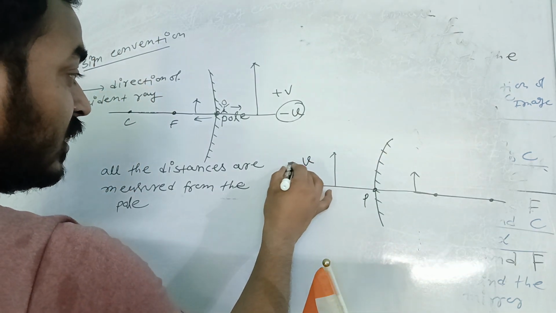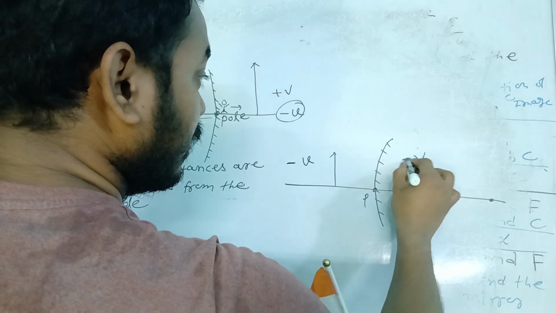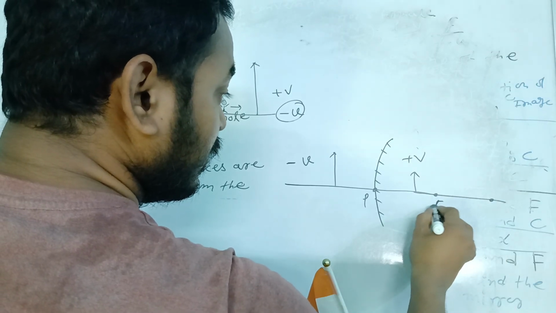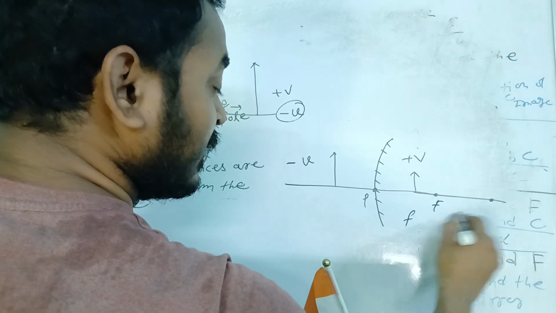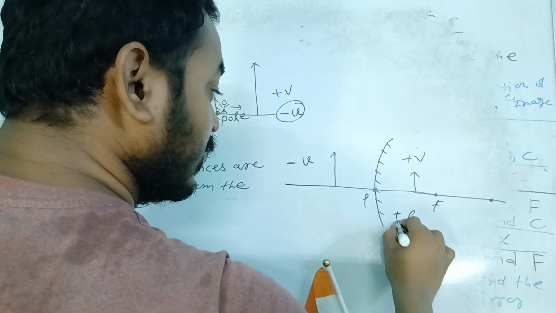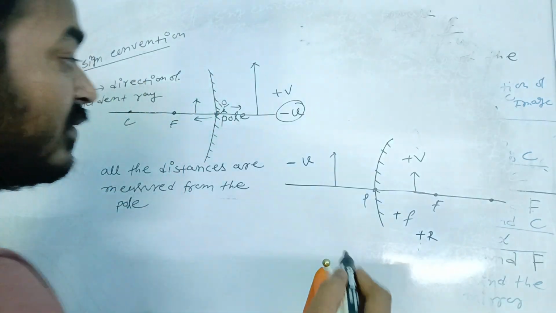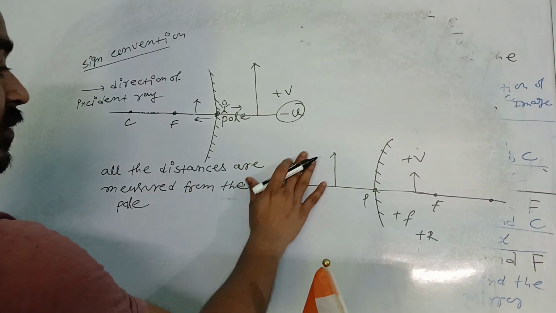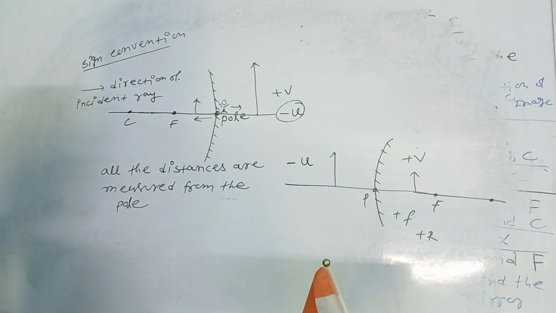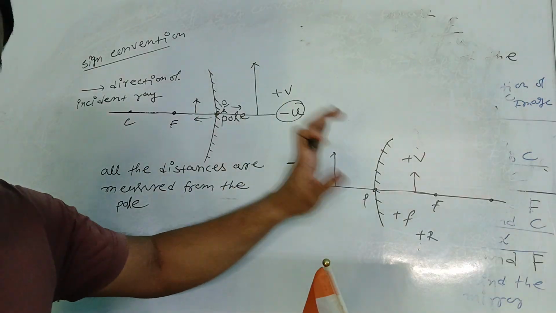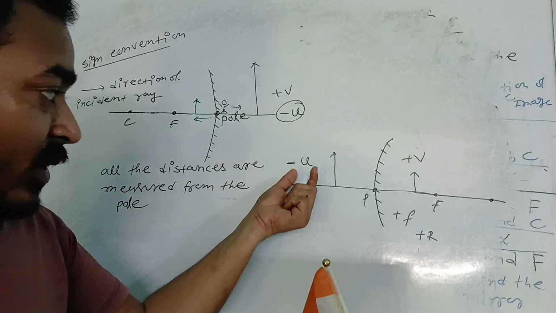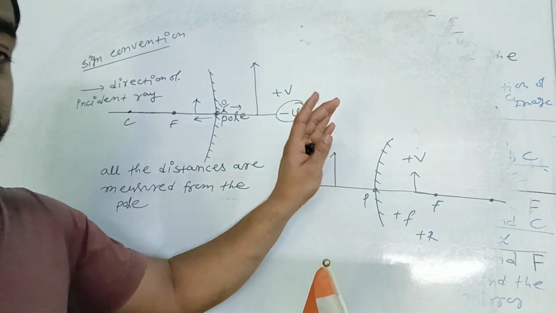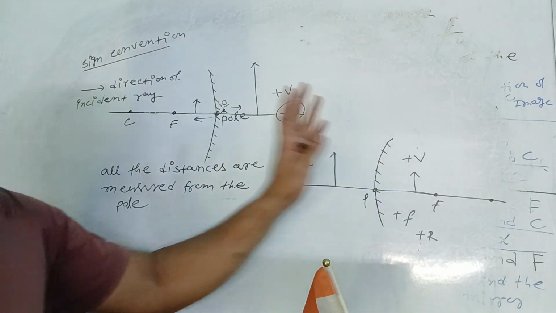Except u, v is positive, f is positive, and the radius of curvature is also positive. Only u is negative.